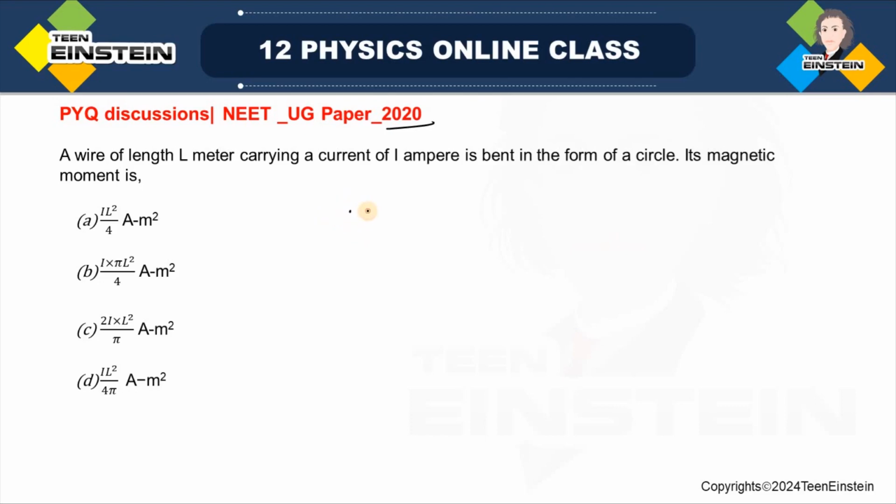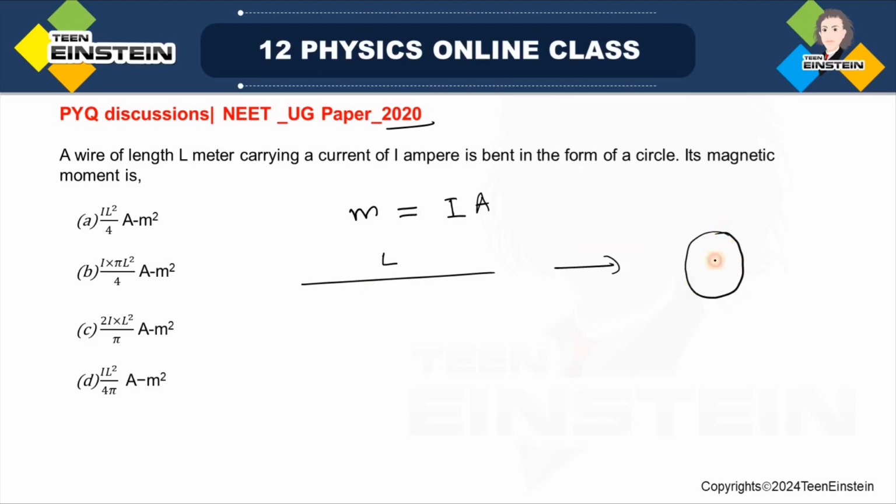So we know magnetic moment, small m, or sometimes you can denote it by mu, is given by I, that is the current in a particular loop, and the area of that particular loop. So in this case, a wire of length L is converted into a circle.